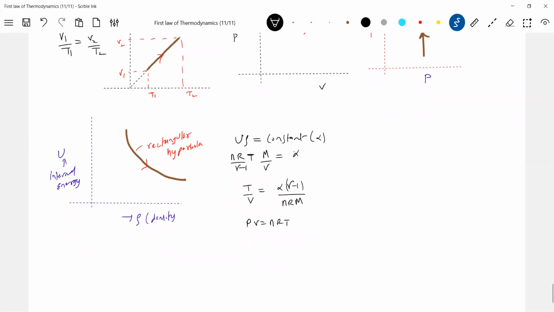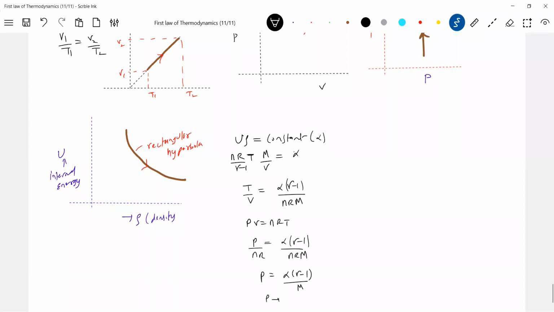So in place of T by V, what can we write? P by nR. Finally, what did I end up with? Look at pressure, alpha, gamma, m.